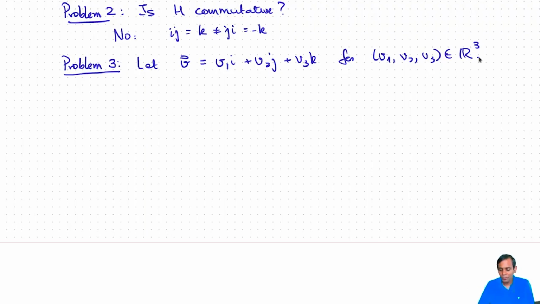So we're going to think of vectors in R3 as imaginary quaternions of the form V1I plus V2j plus V3k, and that corresponds to the vector V1, V2, V3 in R cubed. And let's write W equals W1I plus W2j plus W3k.